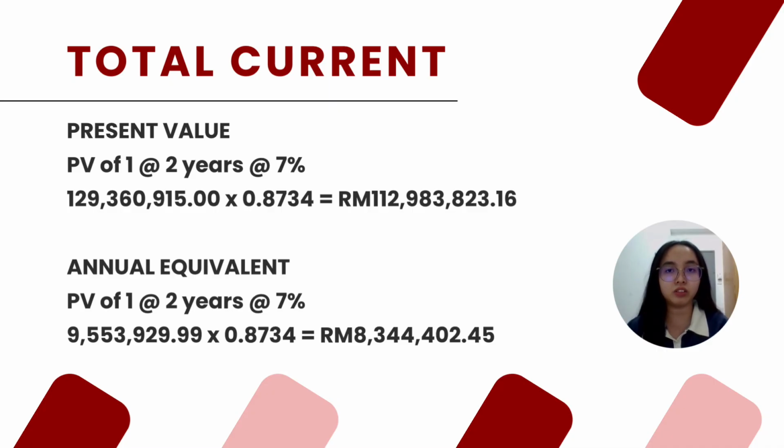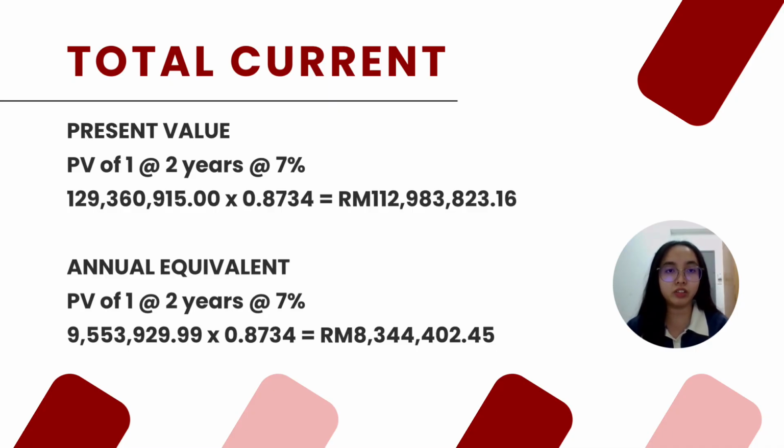Therefore, the total current cost of 129,360,950 is multiplied by 0.8734, giving a present value of 112,983,823 and 60 cents. This means the future project cost is converted into today's value for comparison and decision making purposes.